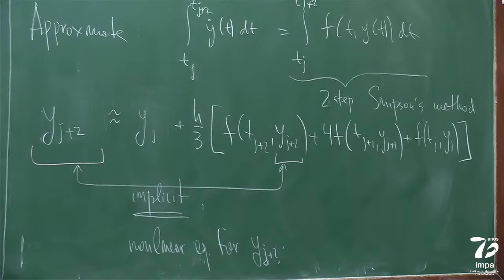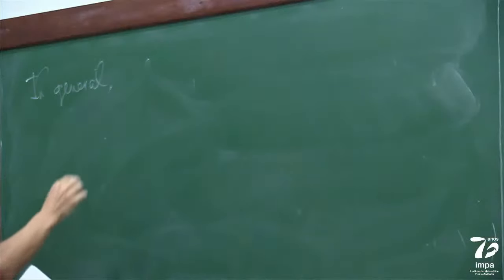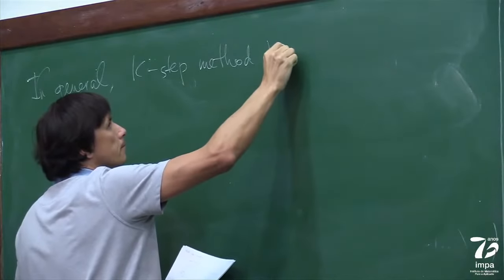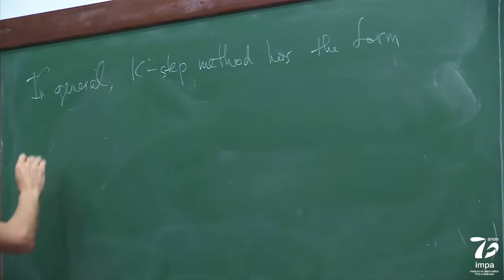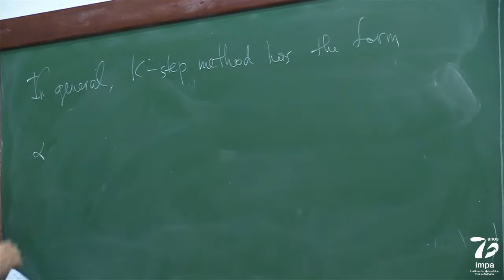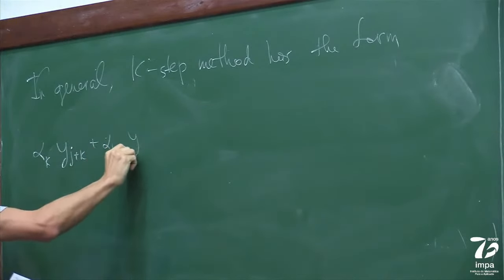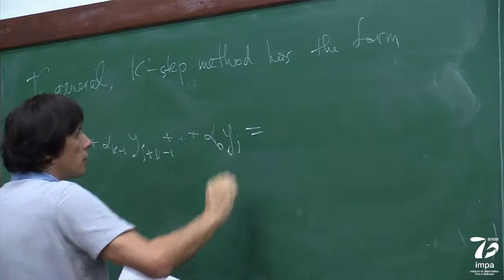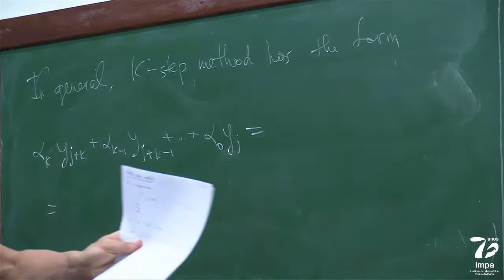Just giving a general method. In general, the k-step method has a form where you take some linear combination of the points on the left, putting all y's to the left.